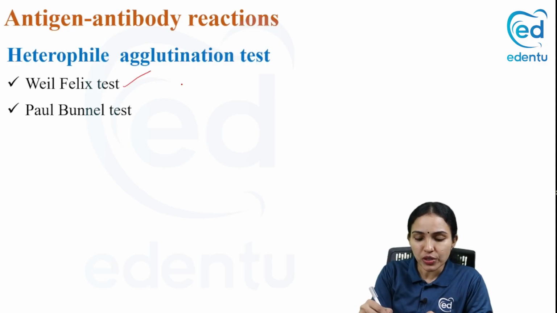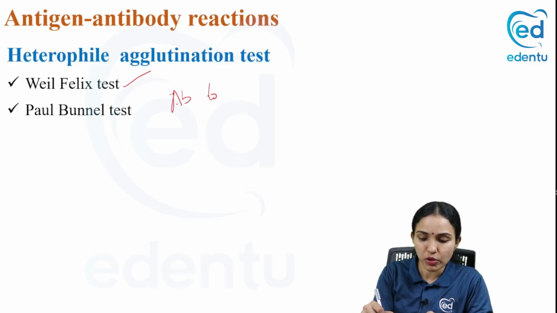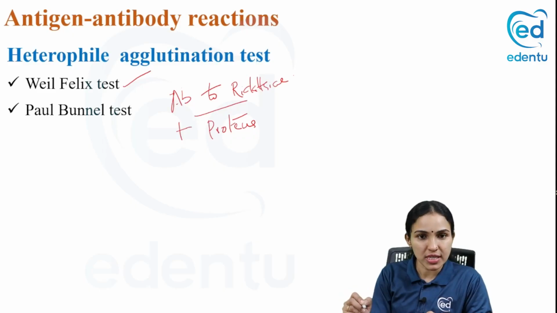Here we want to find out whether the patient's serum contains antibodies to rickettsia. It is very difficult to get rickettsial antigens, so you add certain Proteus strains to this serum.